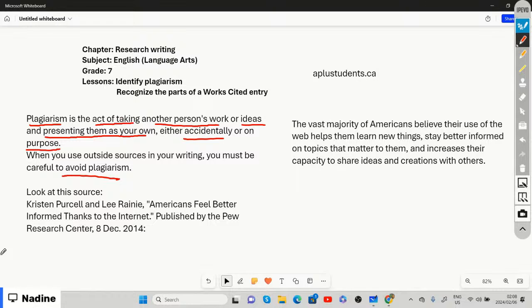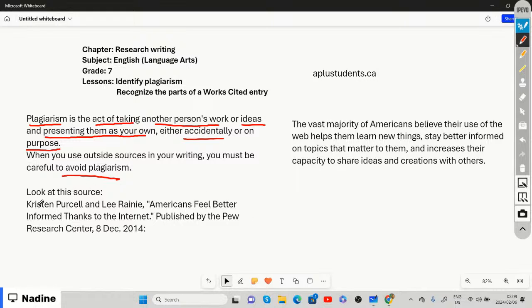And if we look at the specific source, right? Here we have a source. This is one of the journals. So look at the source. This is specifically from a journal.